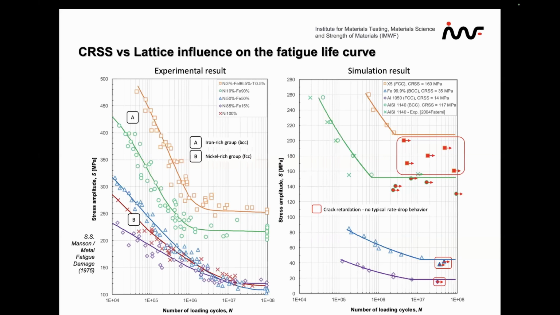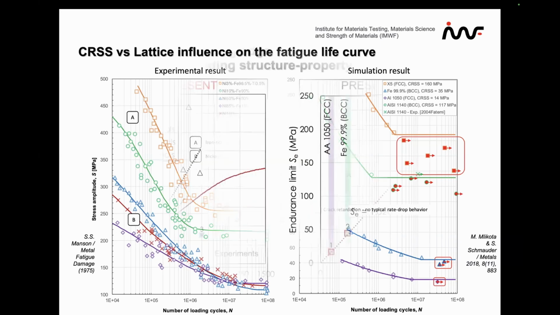Now, what we teach is that BCC materials and FCC materials have different Wöhler diagrams. This is basically true, but the principle behind it is that the critical resolved shear stress is responsible for the height. This is shown here for a number of different materials with FCC and BCC structure and different critical resolved shear stresses.